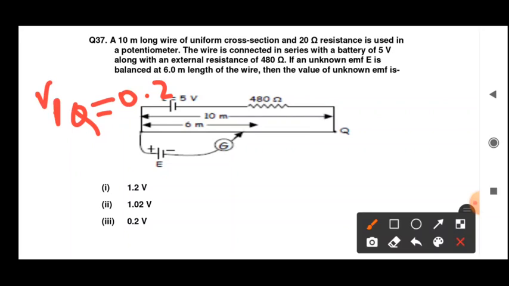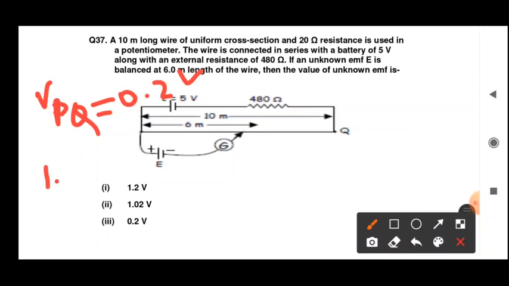Clear? So next, if this 10 meter potentiometer wire balances 0.2 volt potential, this is the potential that is balanced by the 10 meter potentiometer wire. But what will it be if the potentiometer wire is 1 meter?